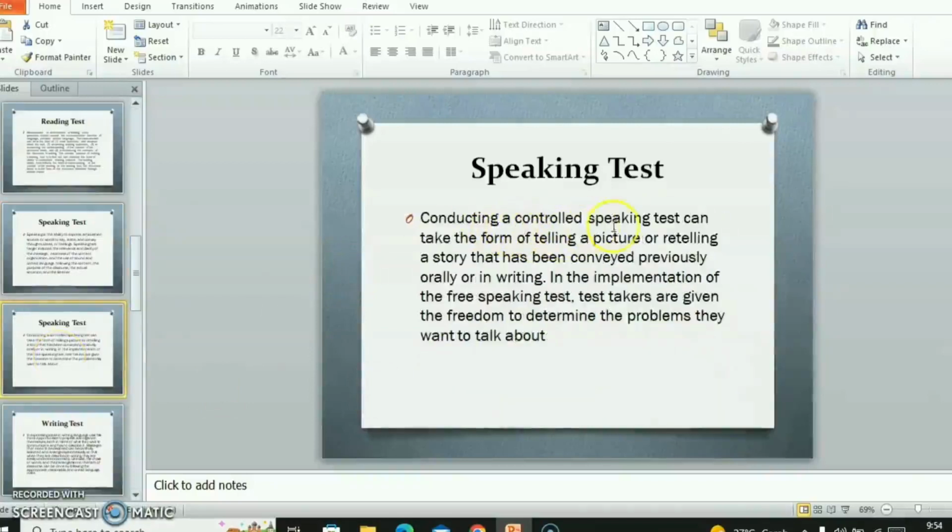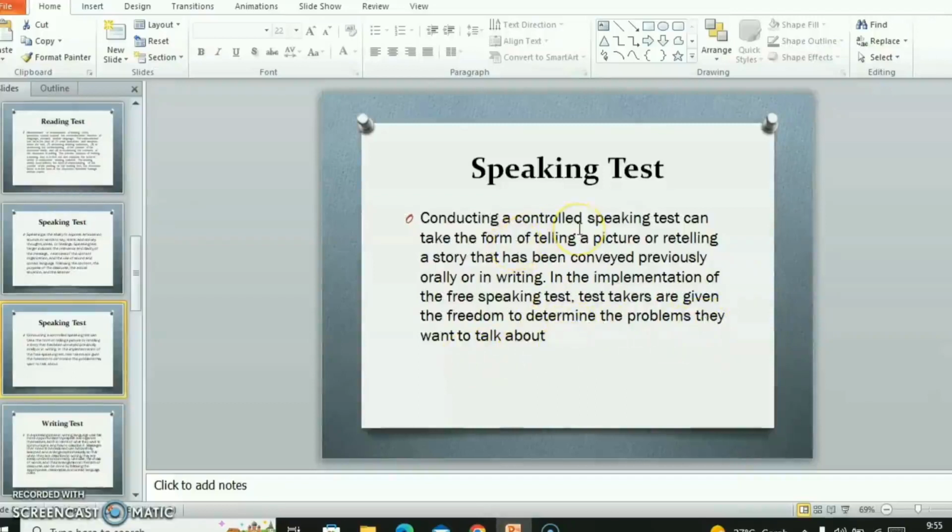Conducting a controlled speaking test can take the form of telling a picture or retelling a story that has been conveyed previously orally or in writing. In the implementation of the free speaking test, test takers are given the freedom to determine the problems they want to talk about.